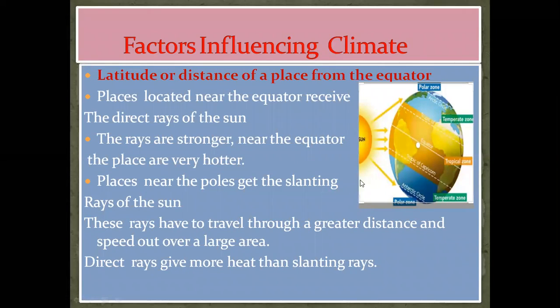Places near the poles get slanting rays. Here, can you see, this is the north pole and south pole. Here in the poles we cannot get that much of the sun's rays because they are slanting rays of the sun. The earth is slanting, so that's why they do not get too much heat there.